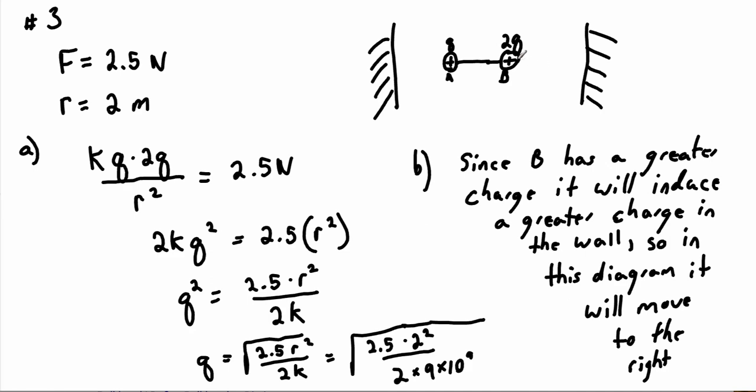That's causing a tension in this cord. So I have two charges with two forces acting on each. The repulsion force is causing them to repel, and I'm given a tension in this cord, and the tension in the cord is due to this repulsion.